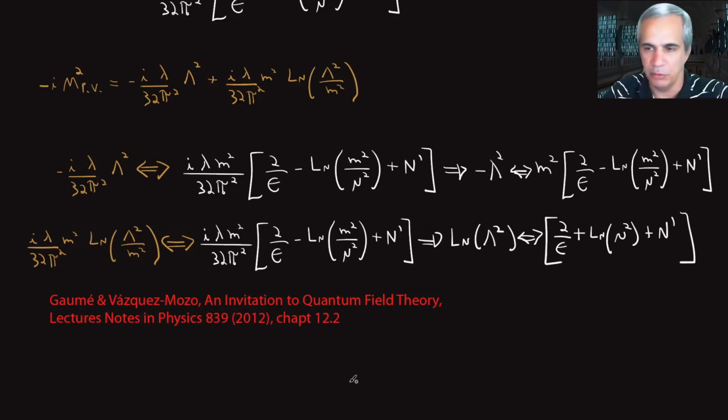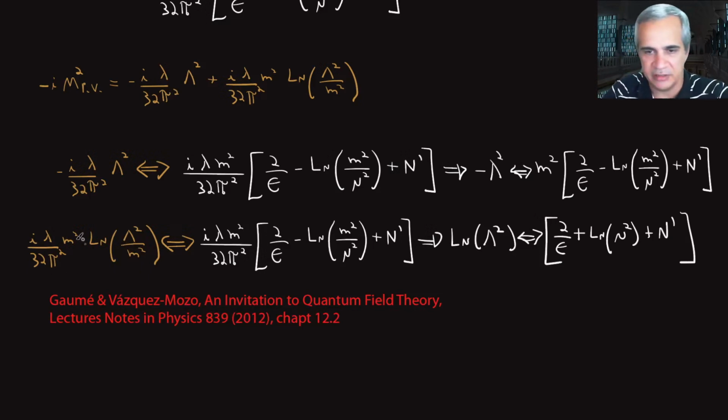I don't want to go that deep on dimensional regularization, but there is this idea that dimensional regularization is really only sensitive to the coefficients of these logarithmic divergences in cutoff-based regularizations, right?